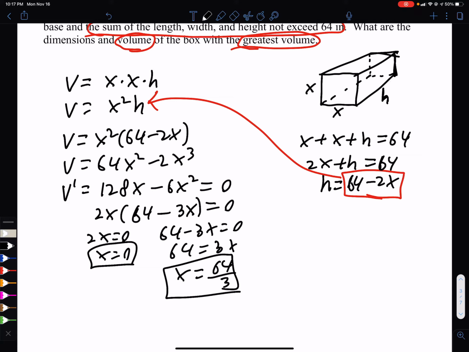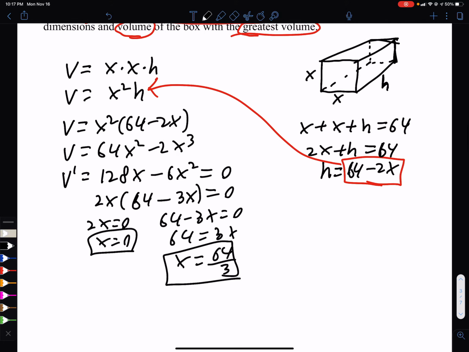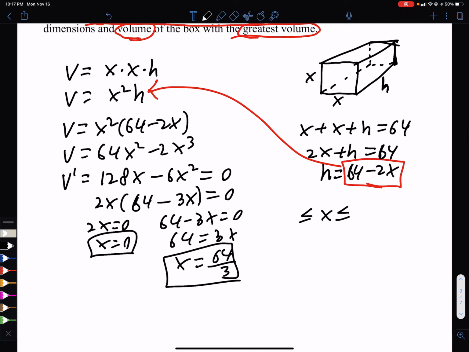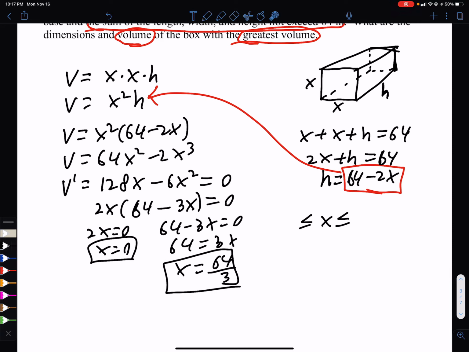Now, there are two ways. I am going to look at the values that x could be. What's the smallest and what's the biggest? In the extreme ridiculous case, technically I could make these sides 0, which is lame-o because I have no volume, but technically x could be as small as 0.